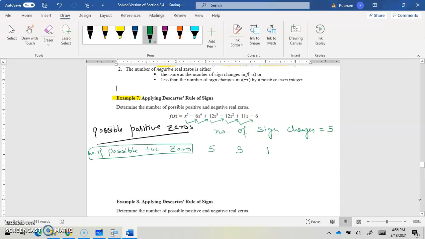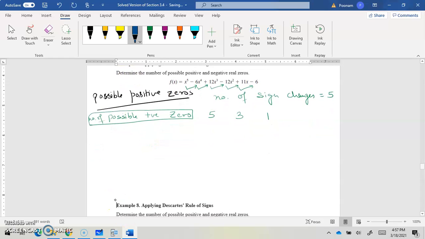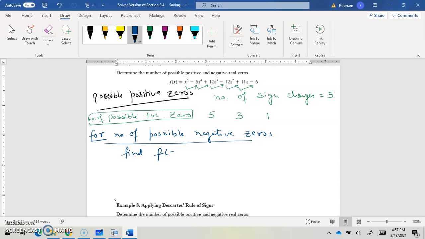Let's look at the second part. The number of negative real zeros is either the same as the number of sign changes in f of negative x. So the first step for the number of possible negative zeros, we will have to find f of negative x.